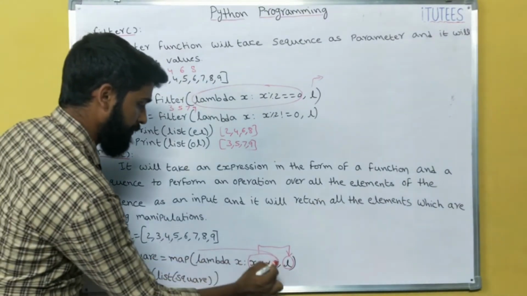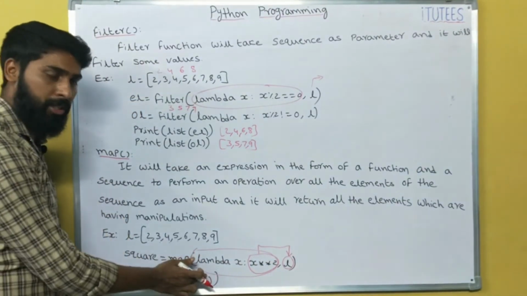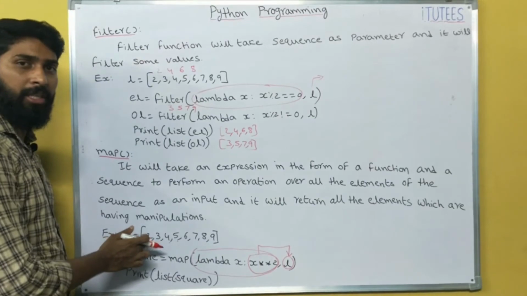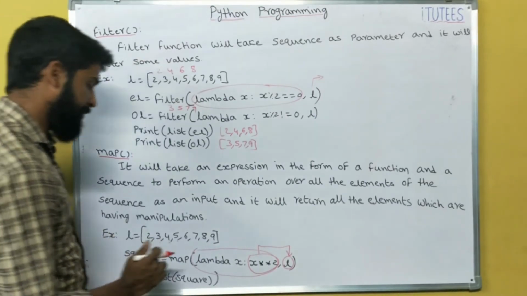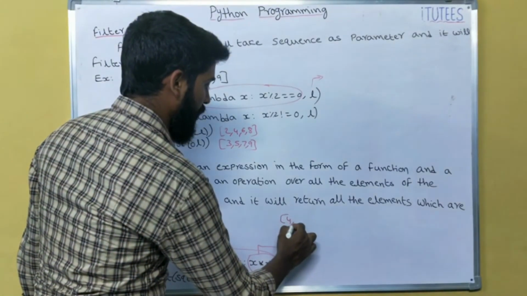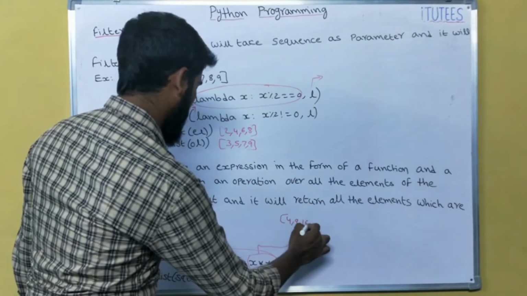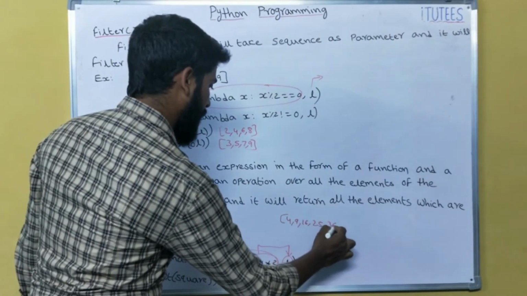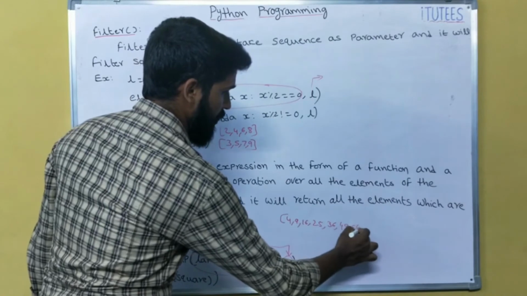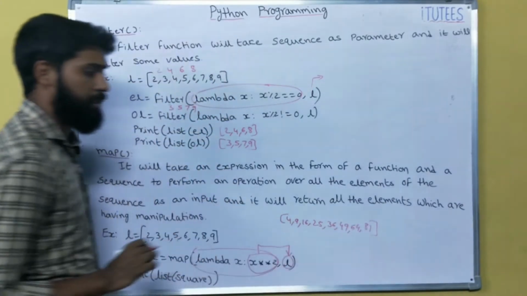This is the function. Now I can apply this function on each element of this list. So what does it return? It returns 4, 9, 16, 25, 36, 49, 64 and 81. So this is the output.